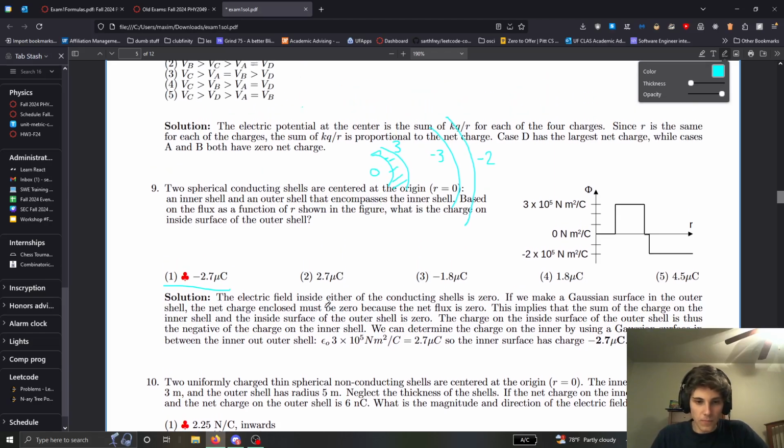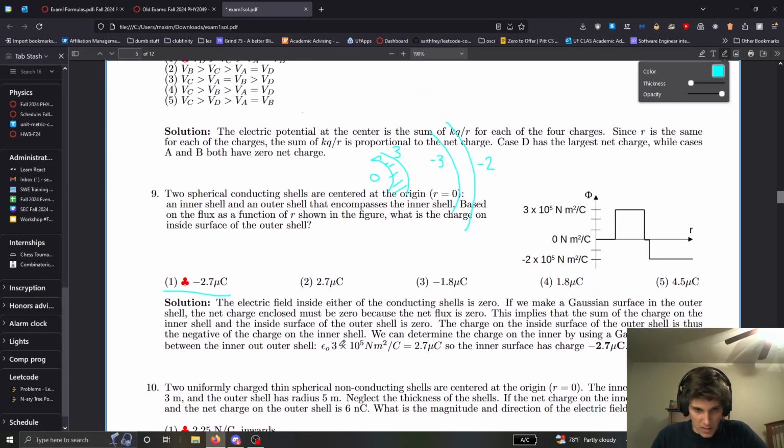Okay. Two uniformly charged thin spherical shells are centered at the origin. So we have a shell with radius 3 meters, and we have a shell with radius 5 meters. Net charge -4, net charge 6. What's the magnitude and direction of the field right here at r equals 4 meters?